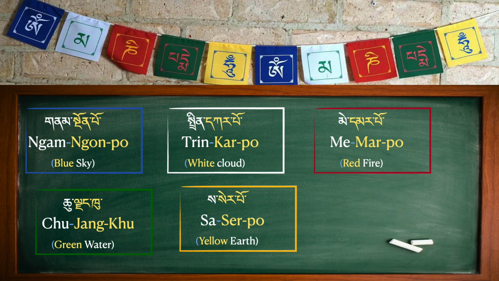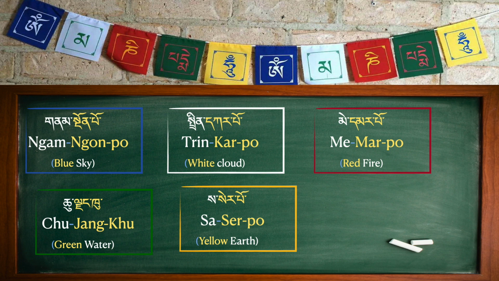Next is white color. Cloud in Tibetan is tin. Tin also has its respective particle pa. So that is tin pa. It also means cloud. White in Tibetan is karpo.